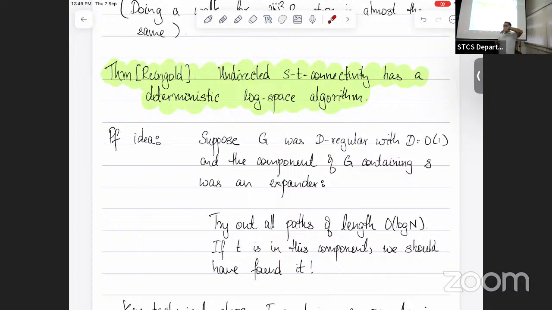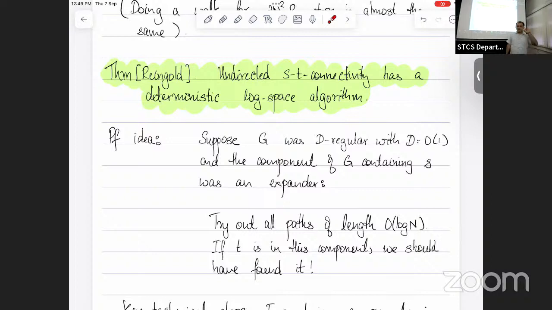Like you can take every vertex and replace it by a cycle or something. There are some standard tricks you can do to convert connectivity instances so that things become D-regular. And let's assume that D is a constant. And let's even make an even bigger assumption, which is that there is some component that contains S, and I'm going to assume that that component is actually a very good expander.